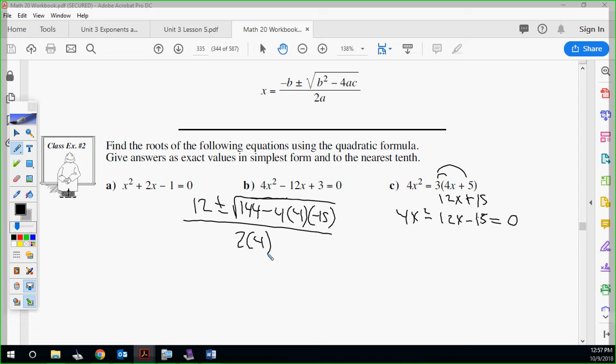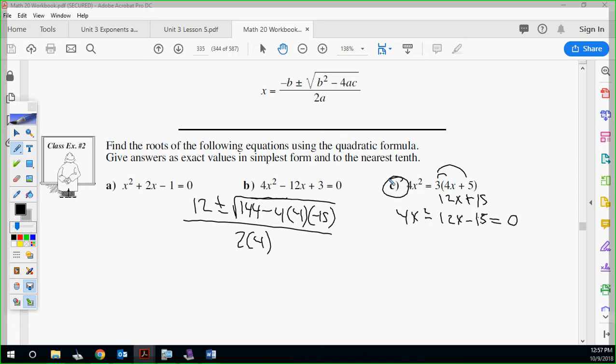All right, so let's see here. 4 times 4 is 16. 16 times 15. I was just doing this right here. 4 times 4 is 16 times 15. Yeah, I'm doing C. I'm going to have you guys try B on your own.